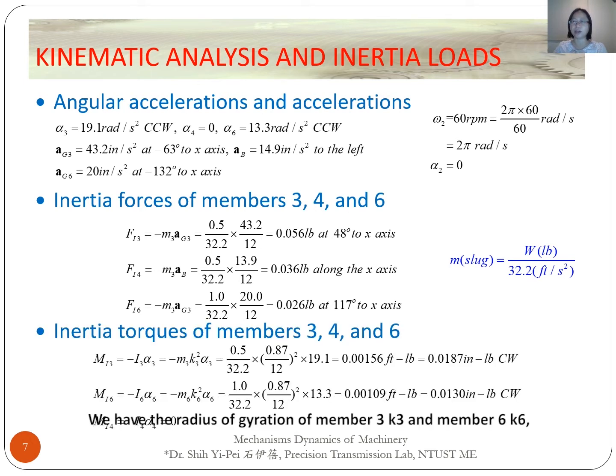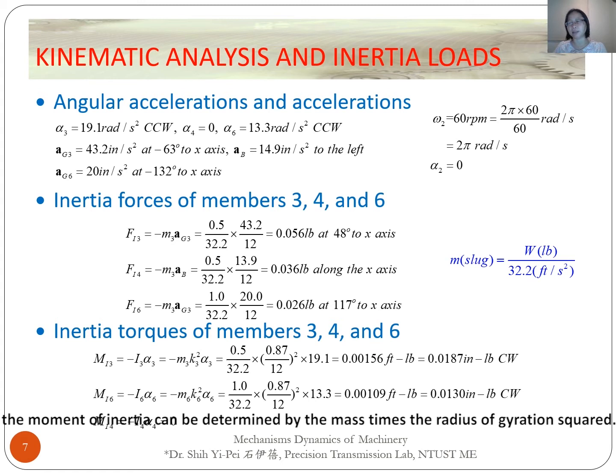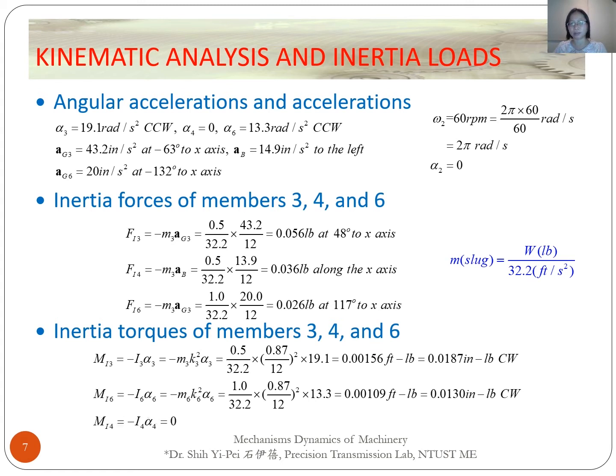We have radius of gyration of member 3, K3, and member 6, K6. The moment of inertia can be determined by the mass times the radius of gyration squared. Here, we need to convert the unit of the radius of gyration from inch to feet to determine the inertial torque.